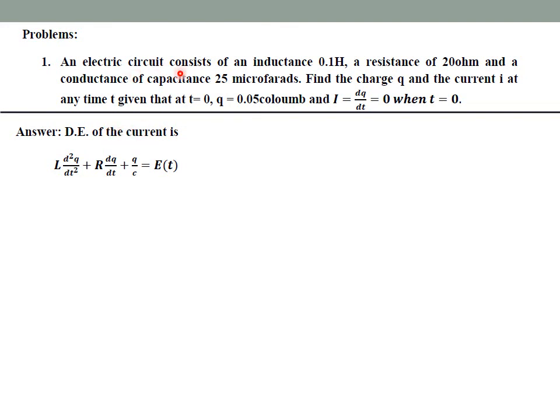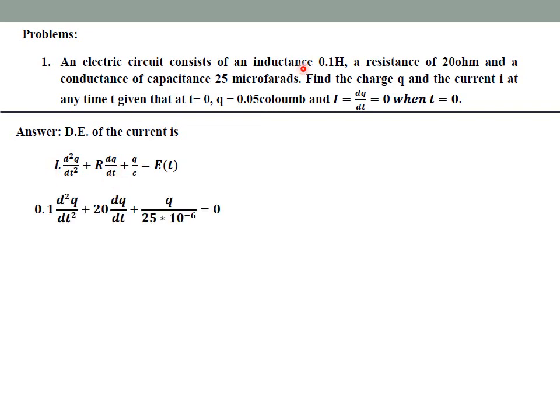They have given me inductance, resistance as well as capacitance, so the equation should consist of L, C as well as R. So we have the differential equation L d²q/dt² plus R dq/dt plus q/C is equal to the EMF E(t). Here they have not mentioned any EMF, so we can take it as 0. Next I'll substitute the values of L, R and C.